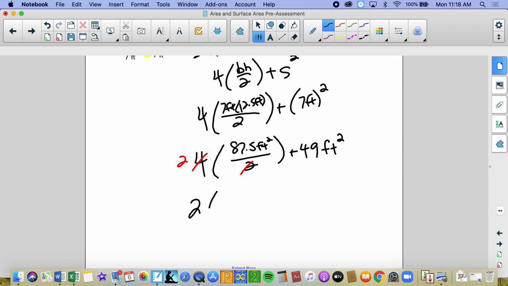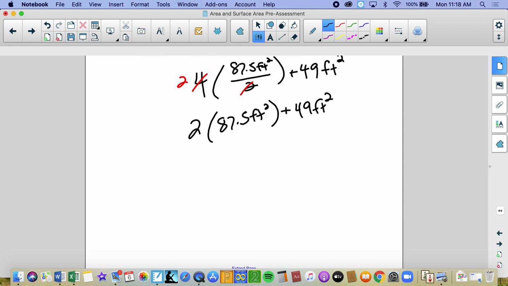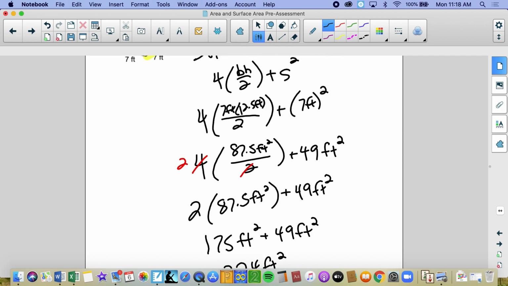So we get 2 times 87.5 feet squared plus 49 feet squared, and 2 times 87.5 feet squared gives me 175 feet squared plus 49 feet squared gives me a total of 224 feet squared.